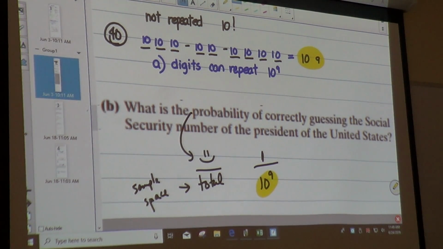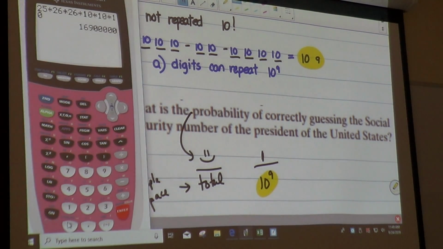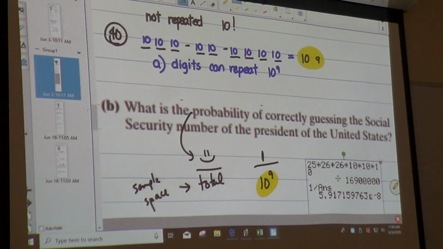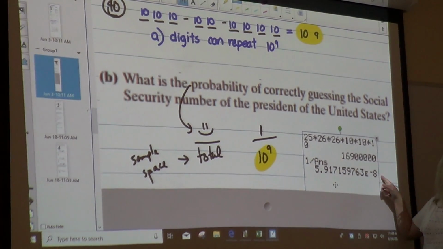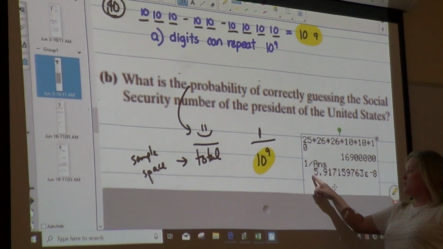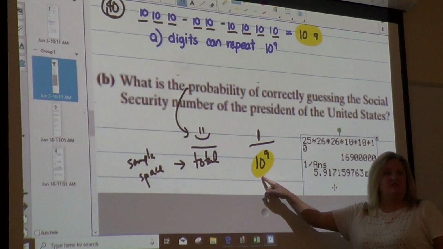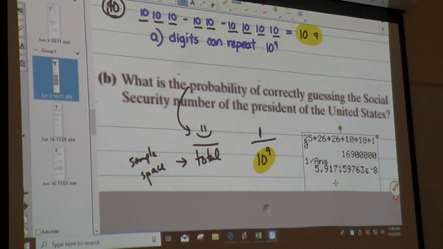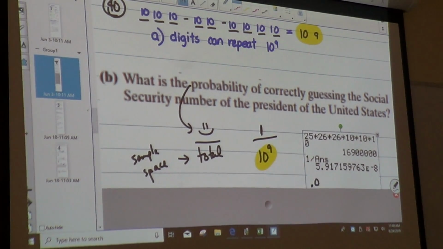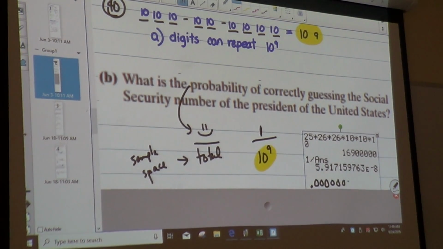So the probability of me guessing, I do 1 divided by the previous answer. Now, this time, our exponent says -8, which means we're going to go 1, 2, 3, 4, 5, 6, 7, 8 places. So the chances of me guessing the President's number are 1 in 10 to the 9th.